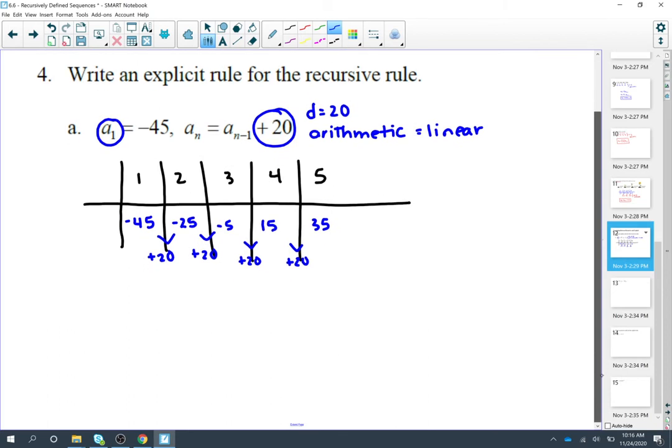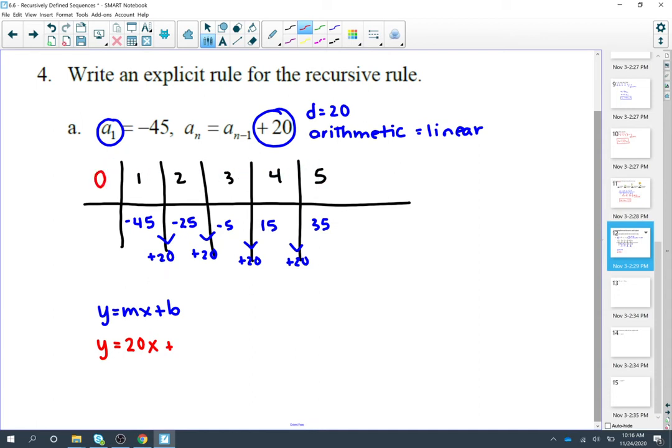When I do linear, I always revert back to y equals mx plus b. If we're doing that, we have y equals, keep in mind m is your slope. Well, your slope is add 20, so 20x plus b. Well, b is your y-intercept, and keep in mind your y-intercept is when your x value is 0.